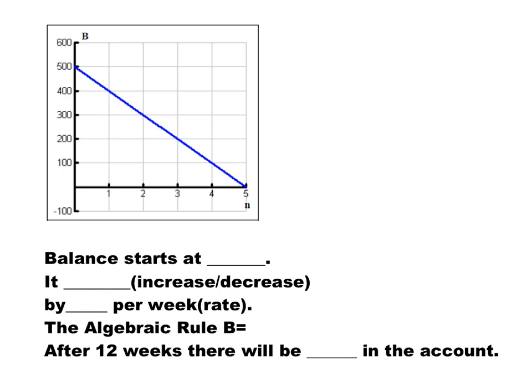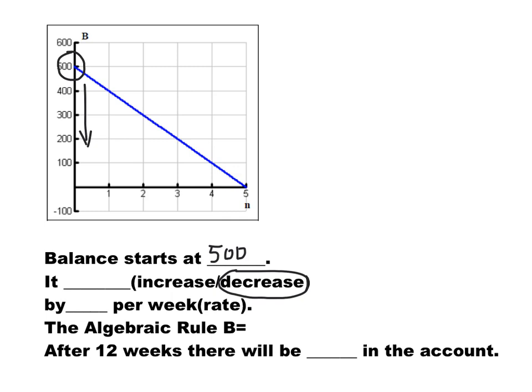First of all, the balance starts here initially, which is $500. So the initial value is 500. Now you can see that the balance is decreasing.